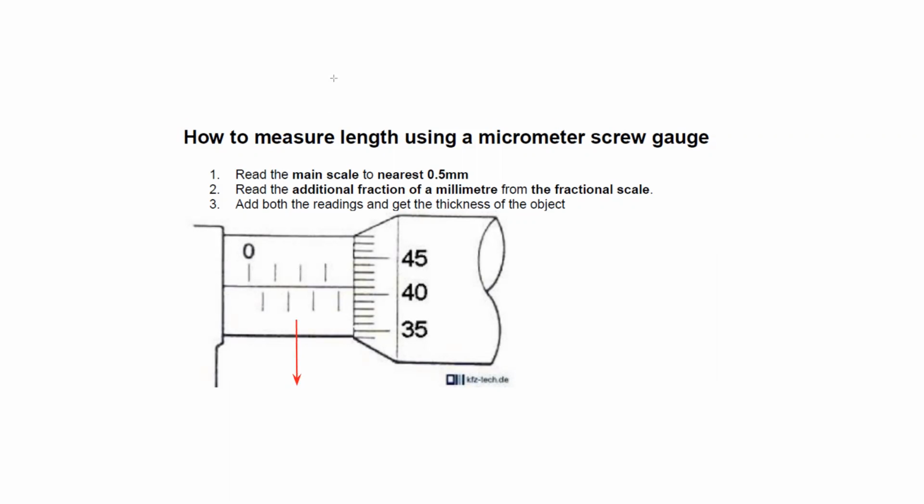This is called the main scale, and the second one, which can rotate, is known as the circular scale. And how to read the micrometer, what is the formula for reading the micrometer?